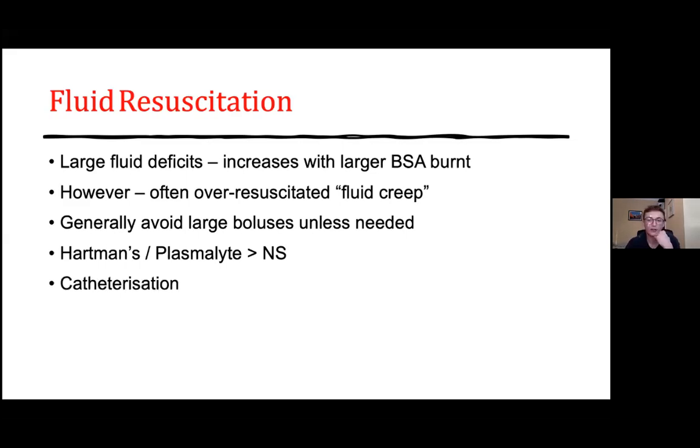Catheterization early on in these patients is really important because it can help with fluid resuscitation and make sure you're getting the right urine output. And you only need to use the formula I'm going to show you, or specialized fluid resuscitation beyond what you'd usually give, once about 15% of the total body surface area is affected in adults and about 10% in the pediatric population.